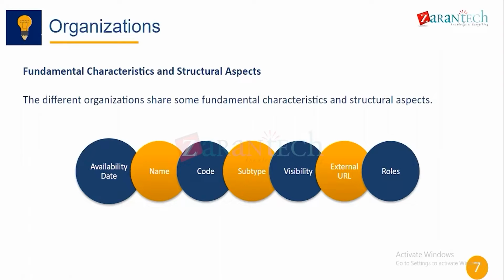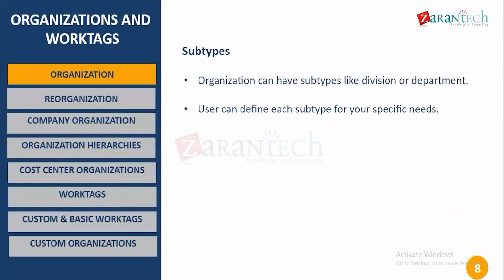Then we created another, a supervisory organization, in our last session. And we discussed the subtypes. Subtypes means how we divide, and we have a department, or how we are having the subtypes for any organization.